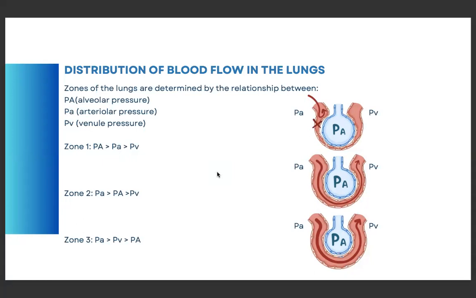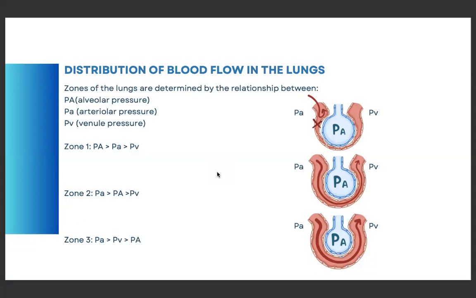But arteriolar blood continues to flow into the venule, overcoming that alveolar pressure, as the arteriolar pressure is still higher than the alveolar pressure. So it's able to push through. You can see on the diagram, the arteriolar side, the left side marked PA, is wide open.